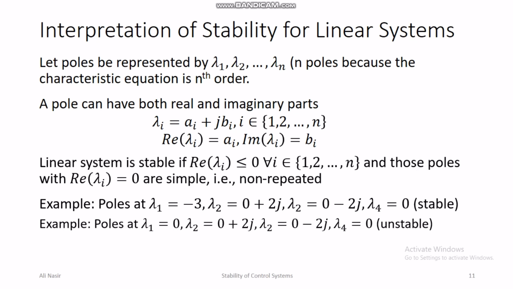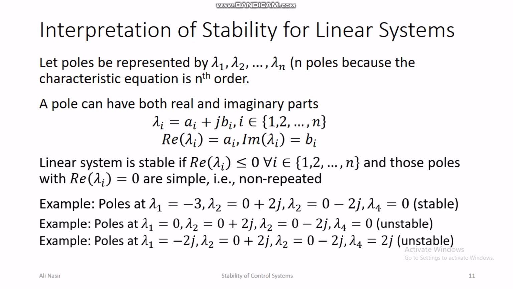Okay, so the third example: let us suppose we have lambda 1 equal to 0 minus 2j, lambda 2 equals 0 plus 2j, lambda 3 equals 0 minus 2j, and lambda 4 equals 0 plus 2j. So in this case you can see that all the poles have 0 real part, and there are 2 repetitions.